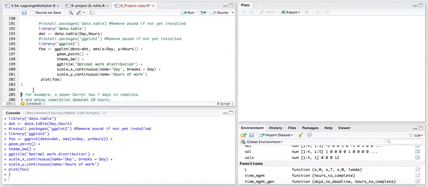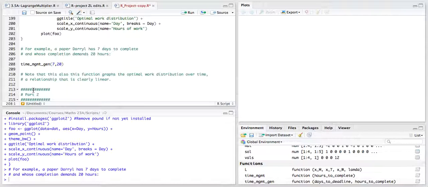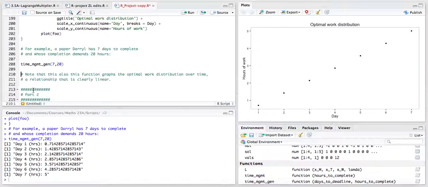So, for example, say Daryl has a paper that he has 7 days to complete, and whose completion will take 20 hours. Then he can enter the arguments 7 and 20 into this function, and he gets the following output.